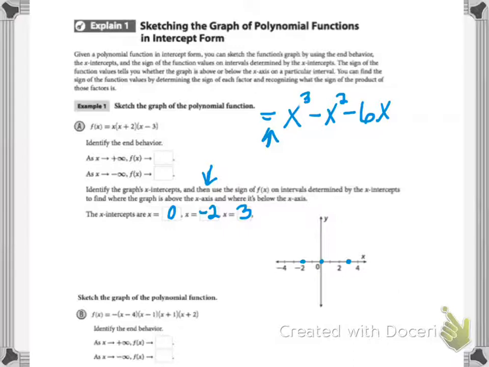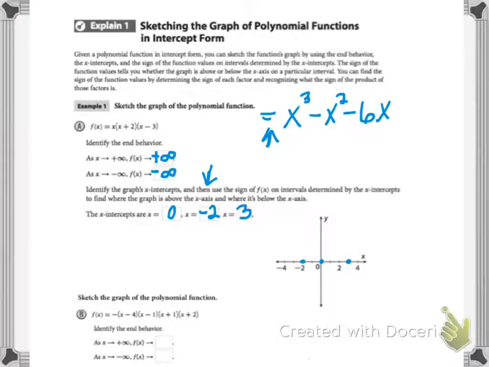As x approaches positive infinity, f(x) approaches positive infinity, and towards negative infinity on the left. So we identified the graph's x-intercepts and then used the sign of f(x) on intervals determined by the x-intercepts to find where the graph is above and where it's below the x-axis.